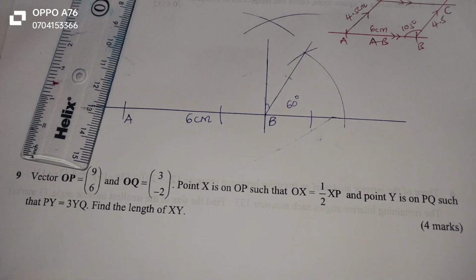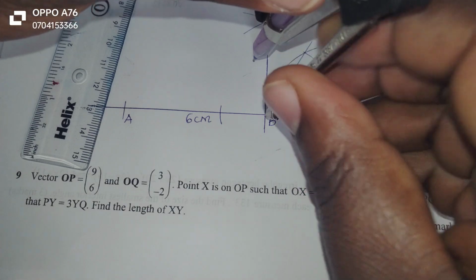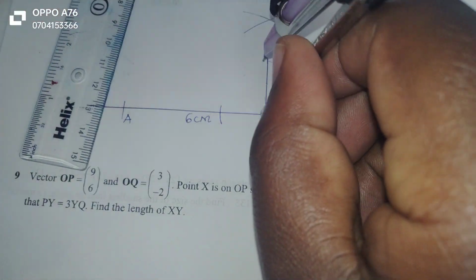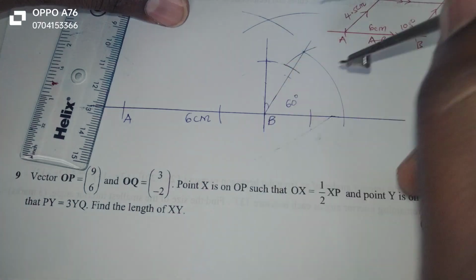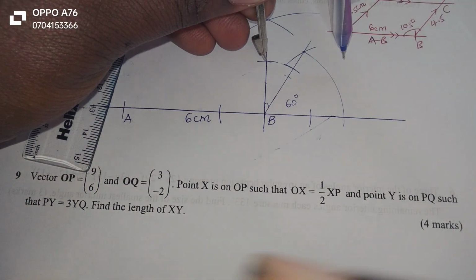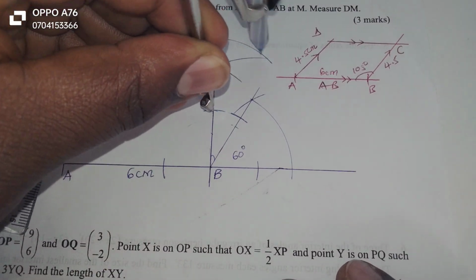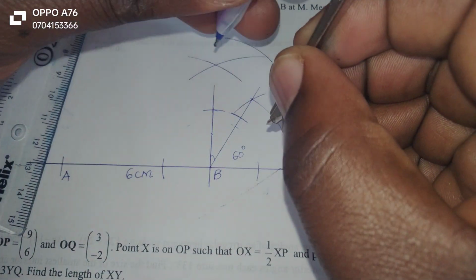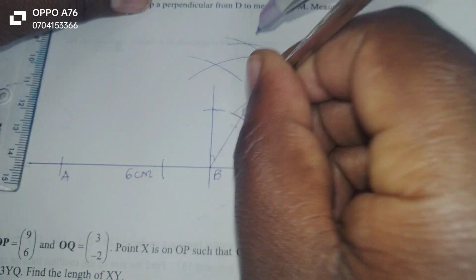So now it is the 30 degrees that I want to bisect. Standing at this point, I make an arc and also make an arc on the other side. Then I enlarge a little bit and I make other arcs so that I may bisect the angle. So I make an arc there and standing at this point, I also make an arc.